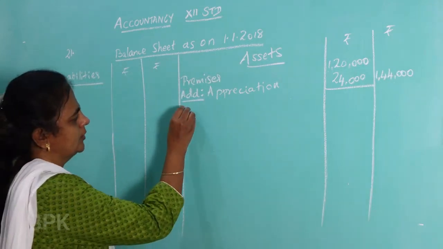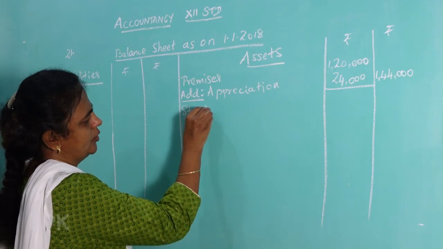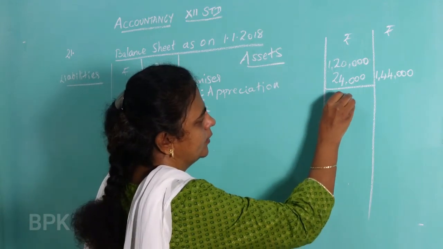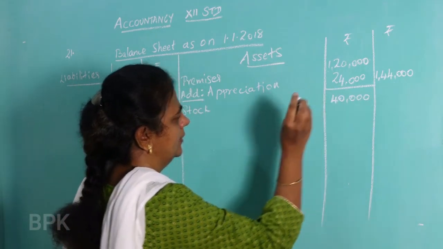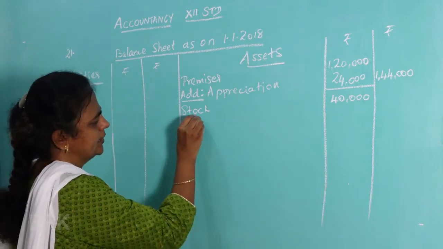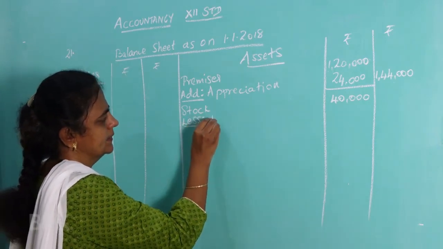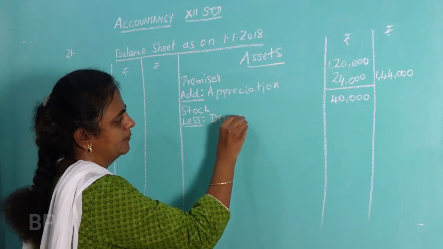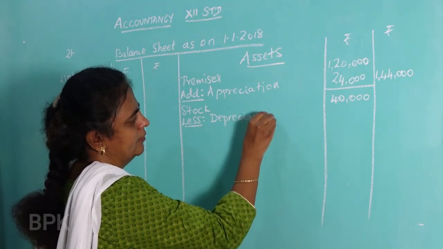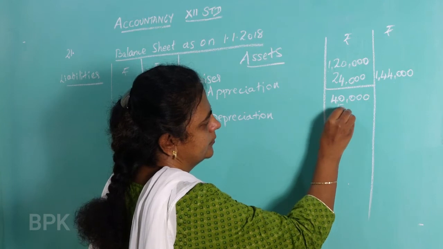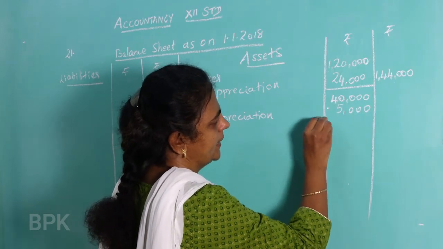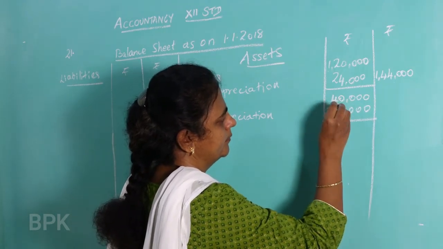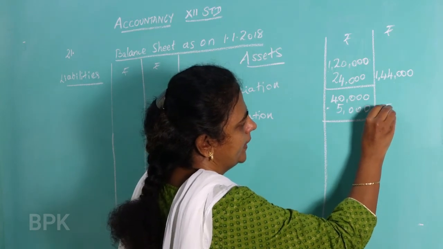Next, stock value 40,000, but it is depreciated, less depreciation, 5,000 is the loss, subtract that, so we get 35,000.